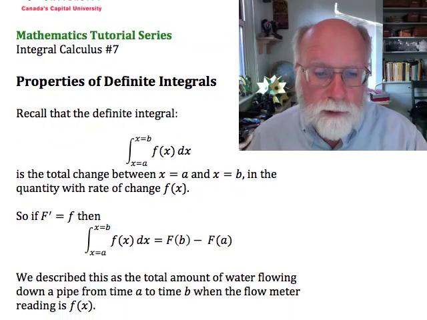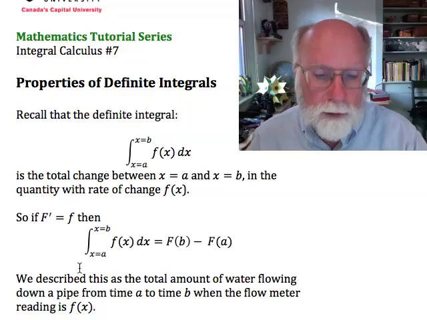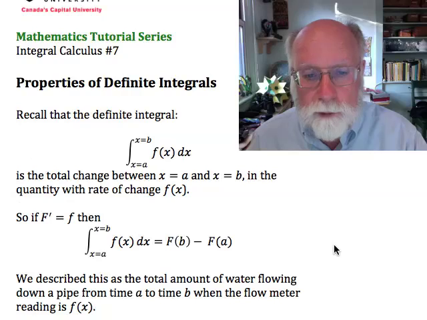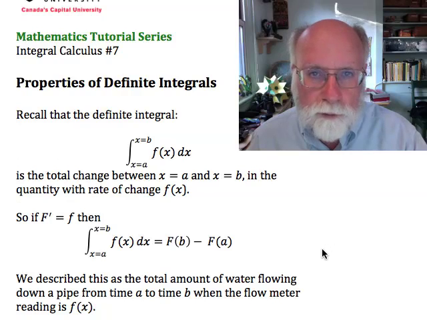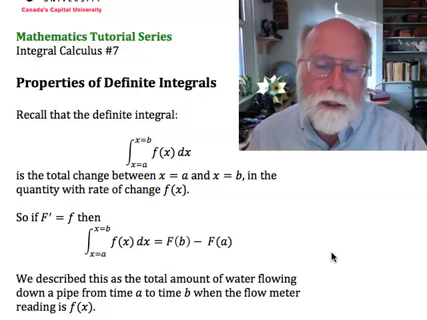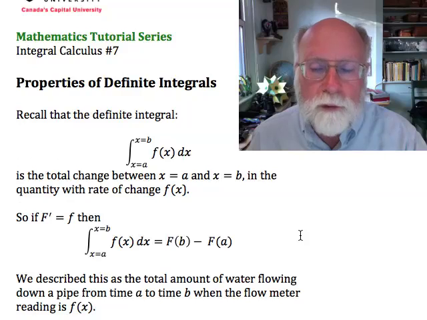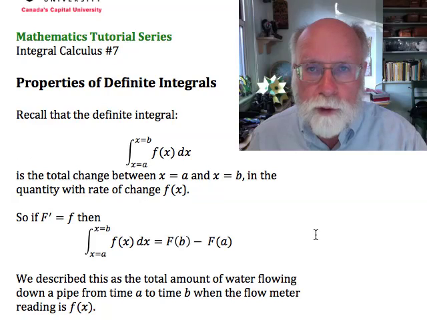Now we described this in our video on the fundamental theorem of calculus by using an analogy with water flowing through a pipe. So we suppose that the integrand, the little f, was the meter reading on a meter attached to a pipe, and water was flowing through the pipe.